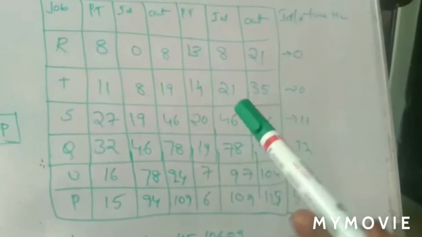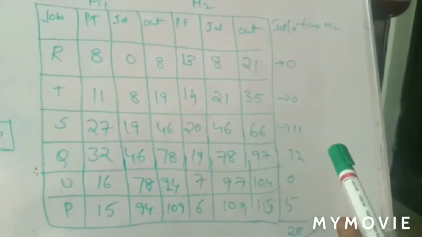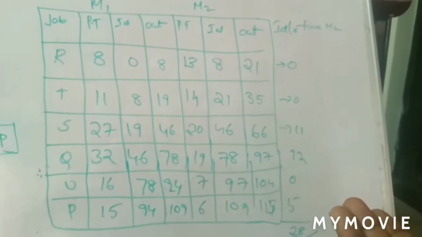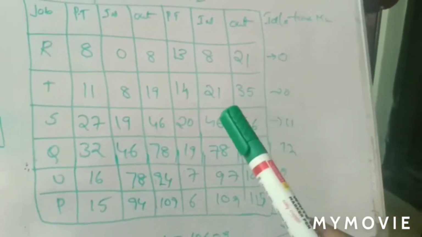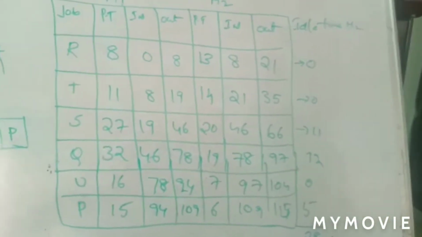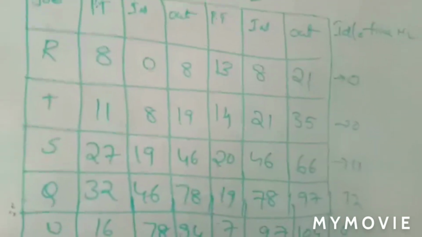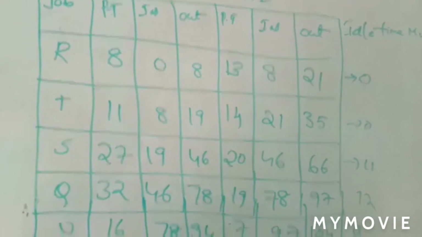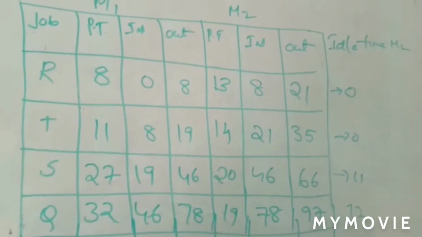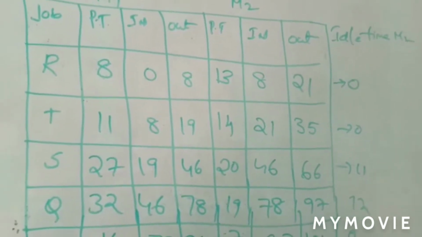That means there is no need to wait for machine 2, because it is already in advance. So 13 plus 8 is 21. So the idle time for the machine is 0. Please observe that, the idle time for the machine is 0 in this case. Please remember why: in machine 2, the processing time is 13.